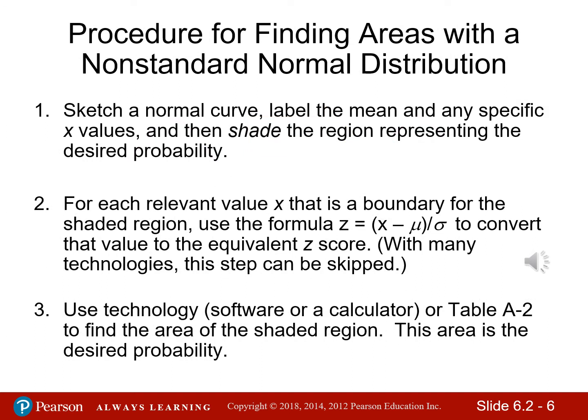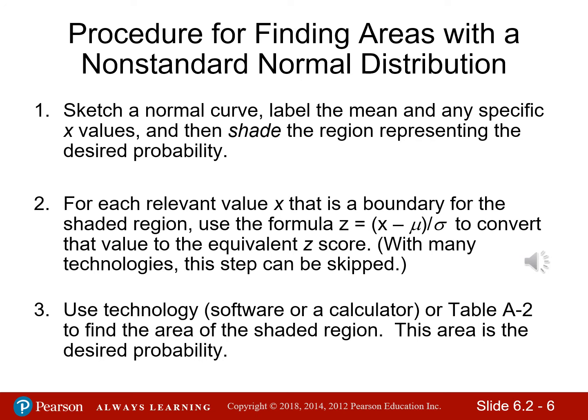When we want to find an area of a non-standard normal distribution, we will use this procedure. First, sketch a normal curve, label the mean and any specific x value, and then shade the regions representing the desired probability.